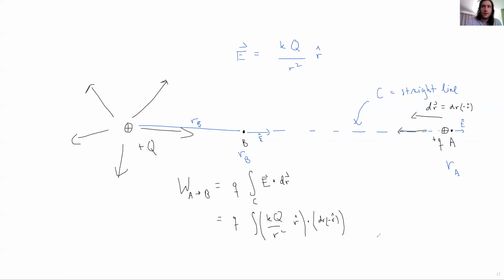And there's one more thing we can do. We have c in our top integral here. Well, we know what c is. It's a straight line path from RA to RB. So RA at the bottom, RB at the top.